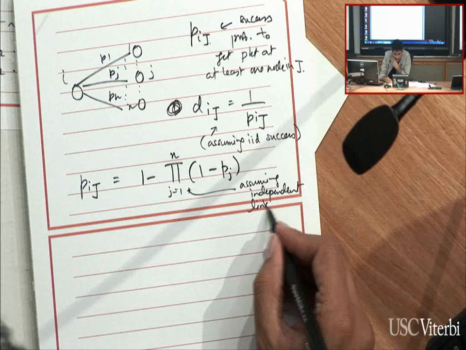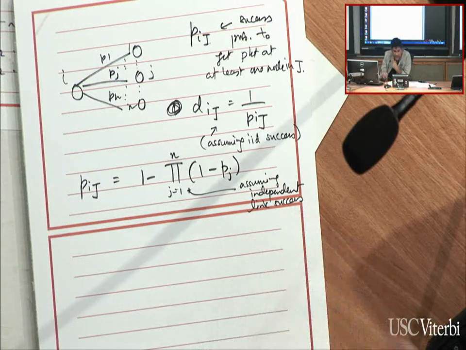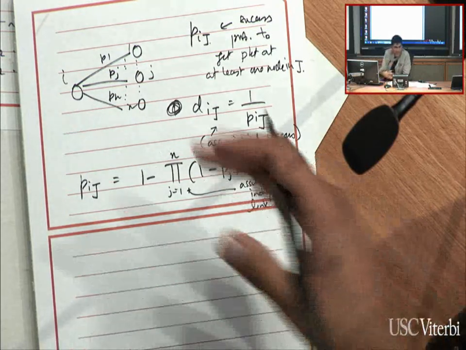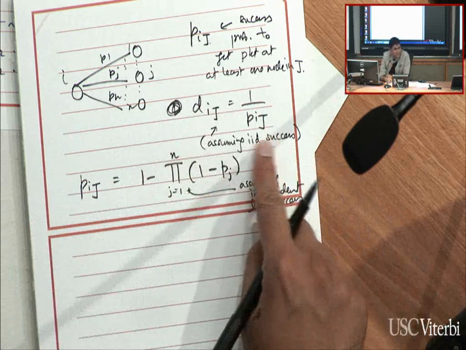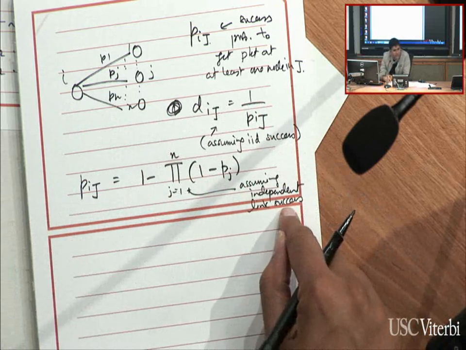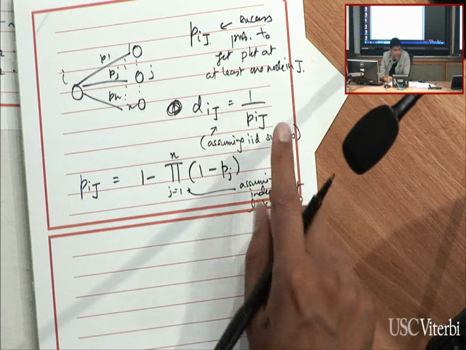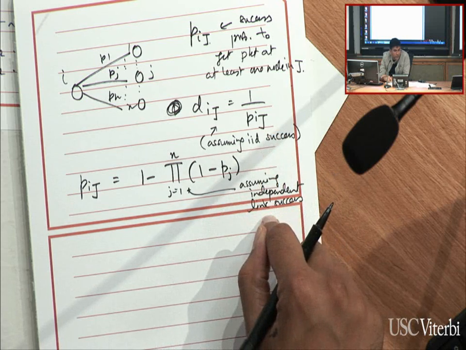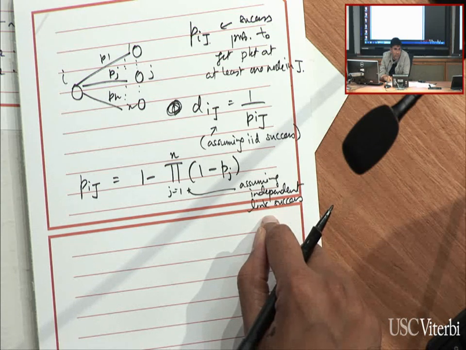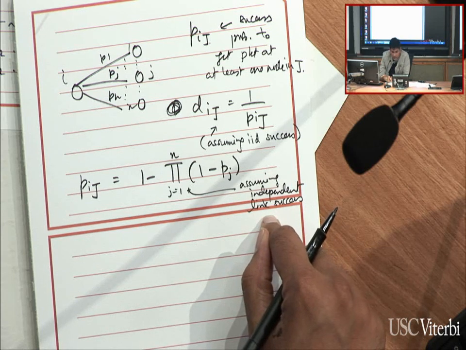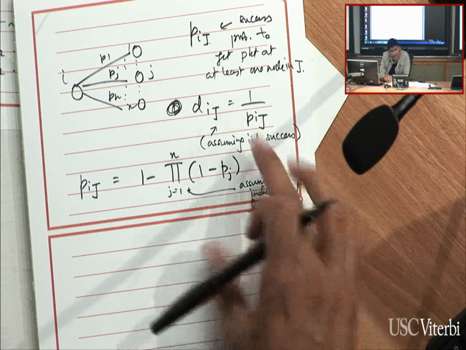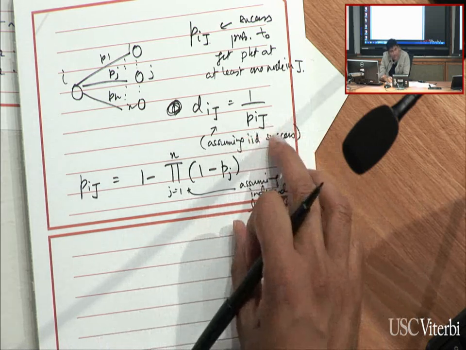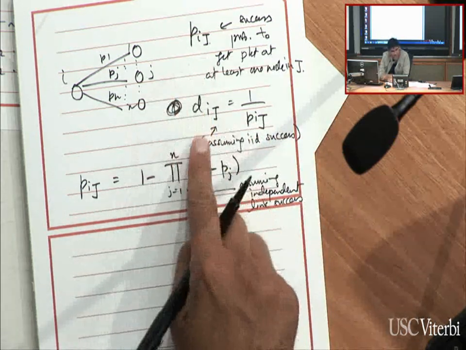link success. And in this paper, as well as for our calculation purposes, we make these assumptions about IID transmissions and independent link success. It turns out in practice, neither is your transmission probability IID, nor is it true that your links are independent of each other in terms of their success probability. So in practice, you need a more robust way of calculating the Dij metric.